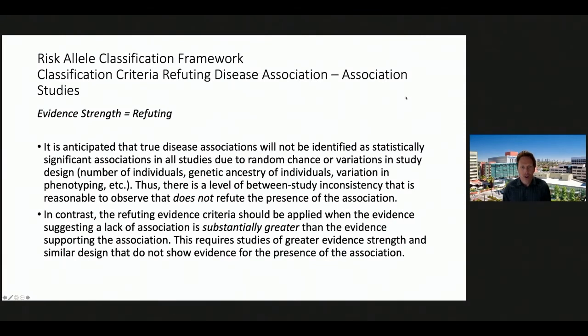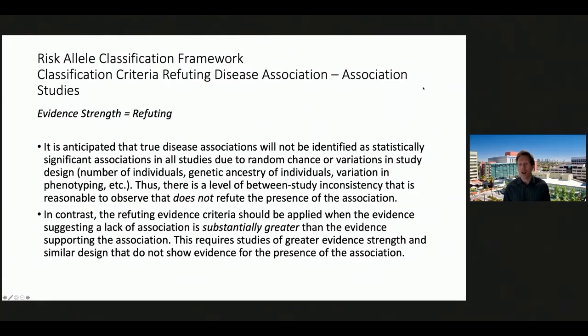All right, so then for criteria that refute the disease association. We have scenarios where the association study evidence will be refuted. They're rare, but they happen, and we wanted to build in a mechanism for that. The thing with association studies is that even for variants that are established risk alleles, there is a chance that when you perform a number of studies, some of them may not show a statistically significant effect.